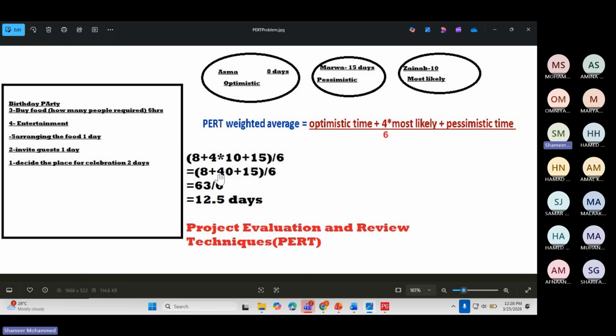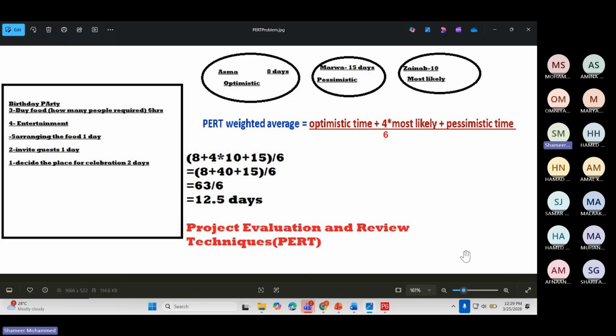So 8 plus 40, 48, 48 plus 15 will come to 63. Now divide by 6, it will come 12.5 days. That means to design the login page, it will take 12.5 days, not 8 days or 10 days or 15 days. So I estimated the task duration as 12.5 days.